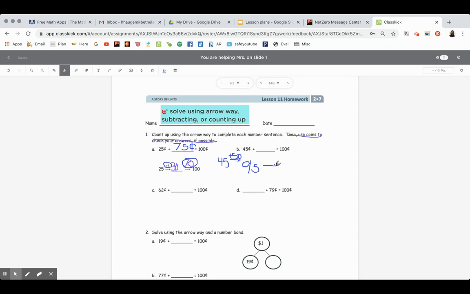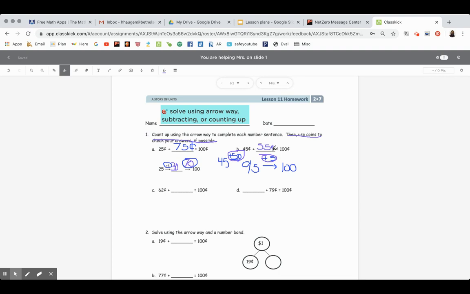Now, I only need to add 5 more to get me to 100. So if you think about what I had to add all together to get me to 100, I added 50 and I added 5, which was a total of 55 cents.